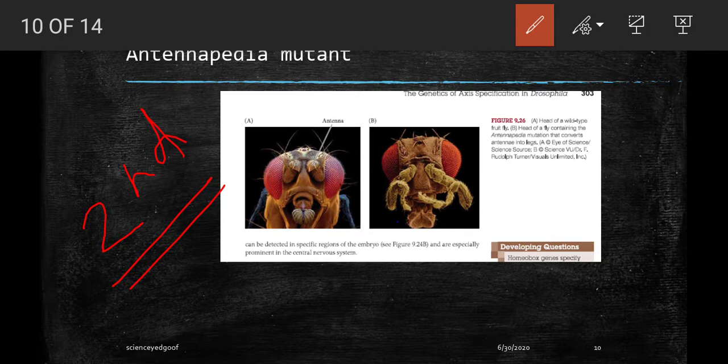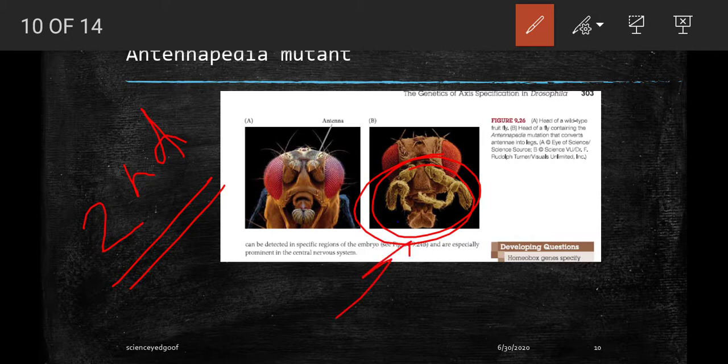So when this mutation happens, the Antennapedia will get expressed in the head as well as in the thorax. The actual function was only in the thorax, but now it got mutated. Now we can see the expression of Antennapedia also in the head. So you can see here in this diagram, instead of the antenna, the legs will start growing in the head sockets. So that is the mutation.